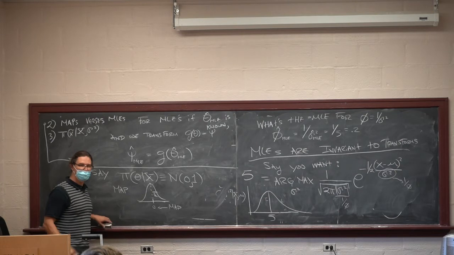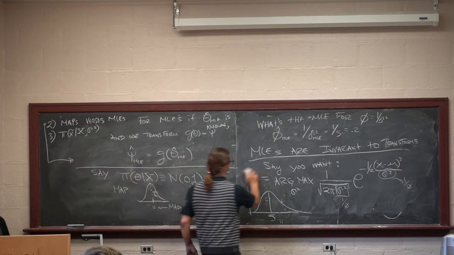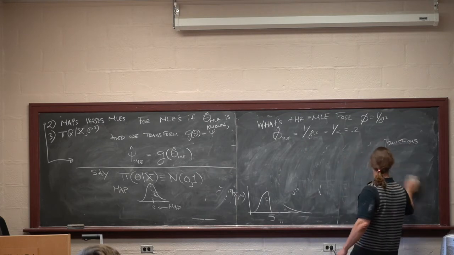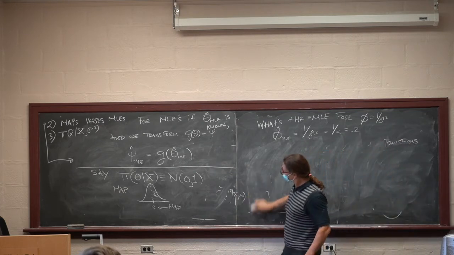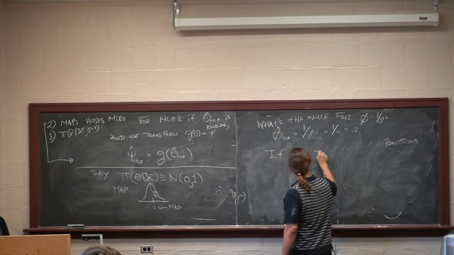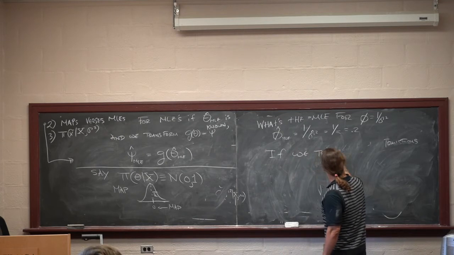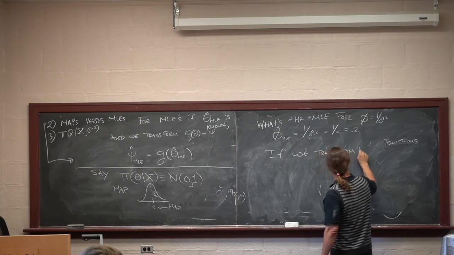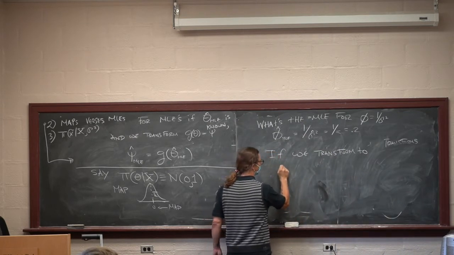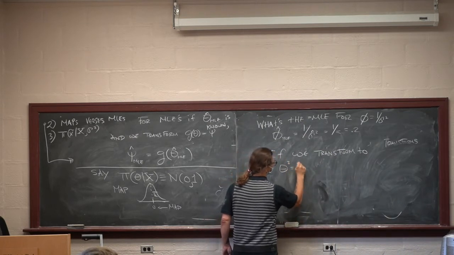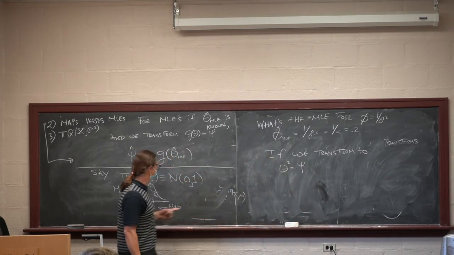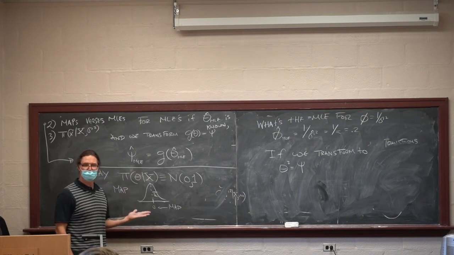If I transform this, same thing that I said in class last time. If we transform to, I'll say, theta squared is equal to psi, our new random variable. So what that means is I'm going to have to transform this whole space.